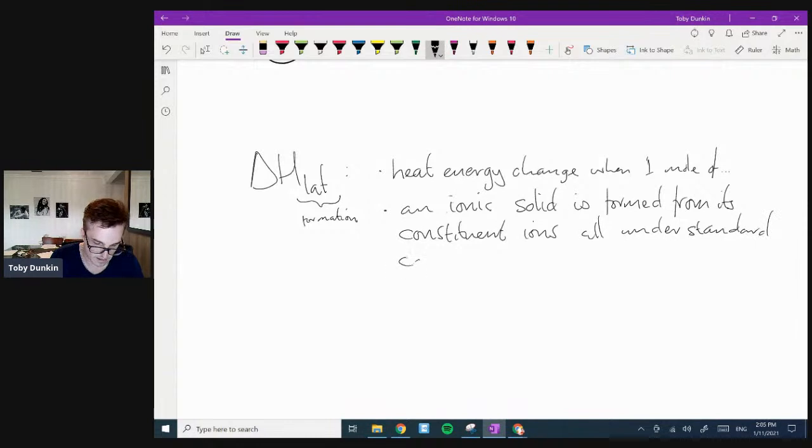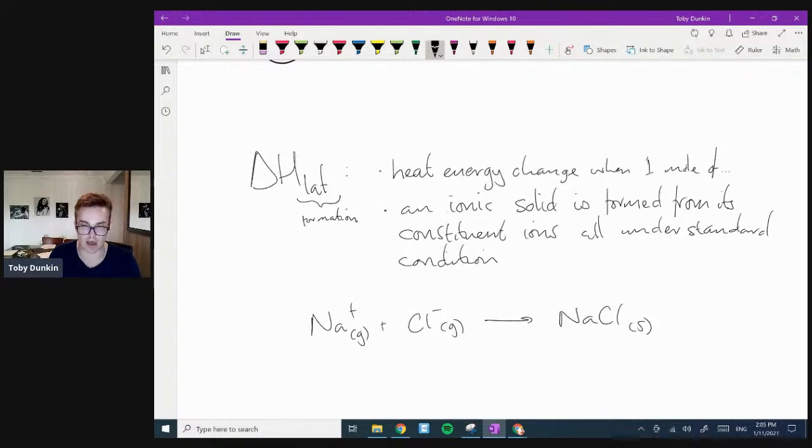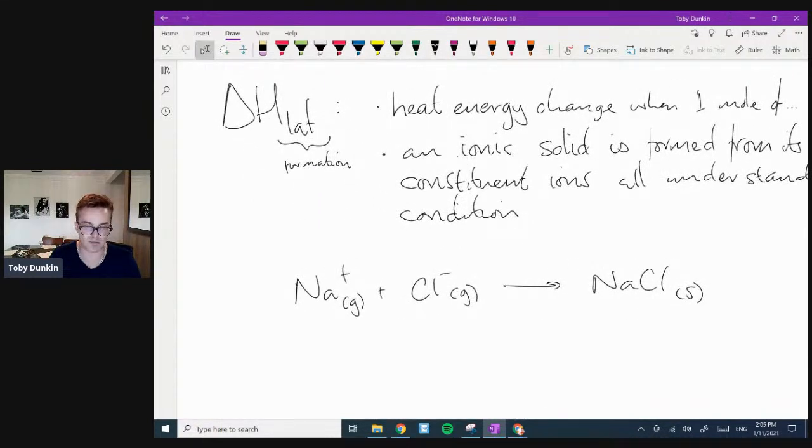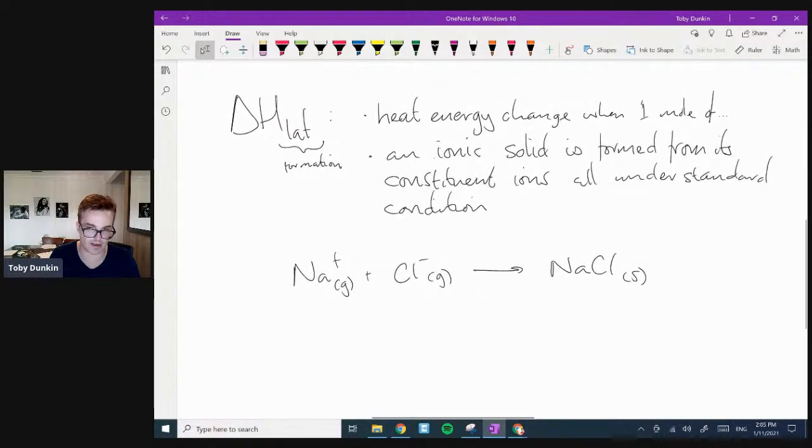Constant pressure. Standard conditions. There you go. And the equation would be Na plus gas plus Cl minus gas goes to NaCl solid. So that's the equation. I hope that helps, Ria. Good question. Glad you asked. And that's the enthalpy of the lattice. We immediately assume formation. Unless they say the word dissociation, we assume formation.